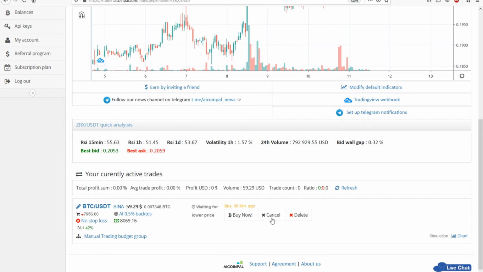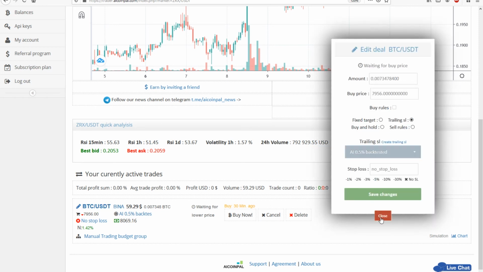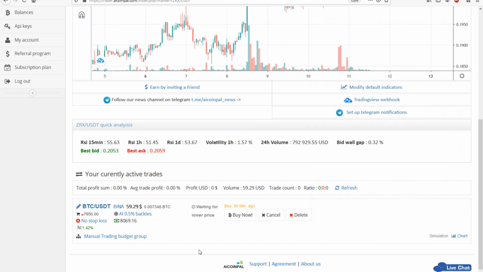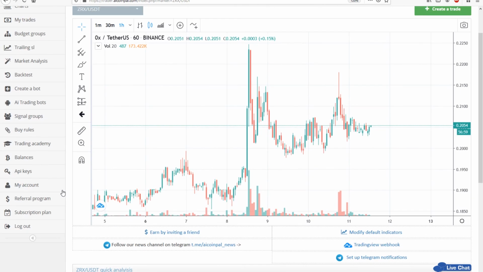You can change them, you can sell them, you can buy additionally, or you can lift stop loss, you can edit them later on, and you'll have full control over your trades.